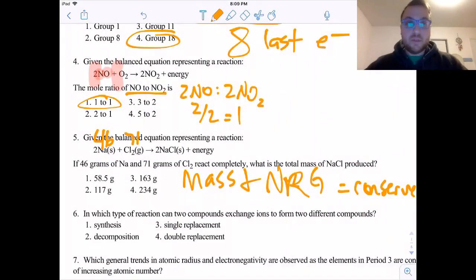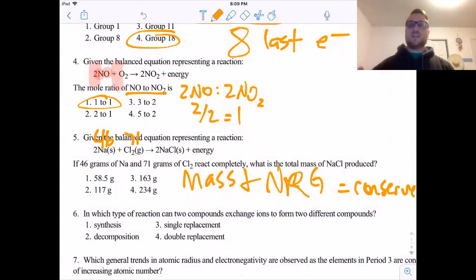So, in any reaction, if you have the mass of 2 things out of 3, or 3 things out of 4, or 4 things out of 5, you can get the mass of the last one by just doing some basic math.